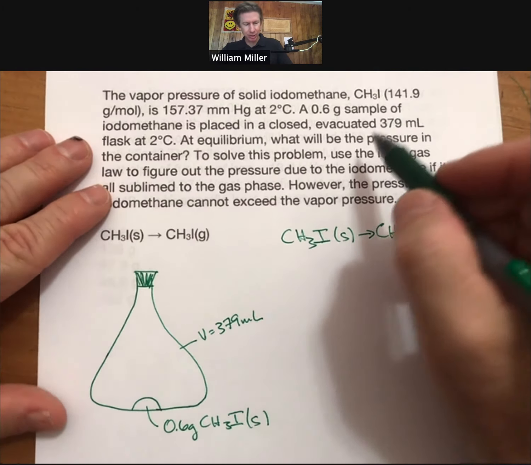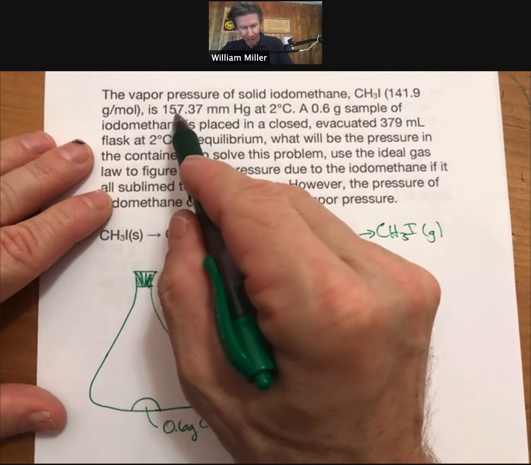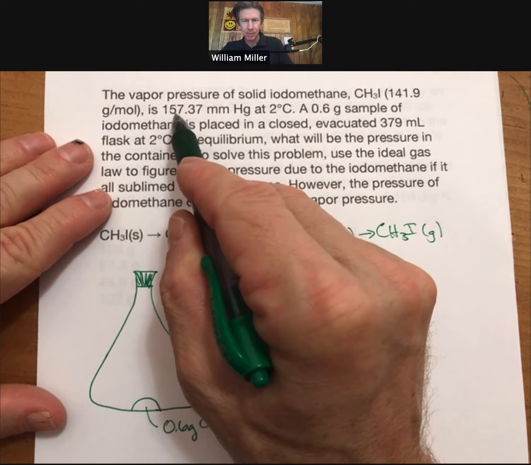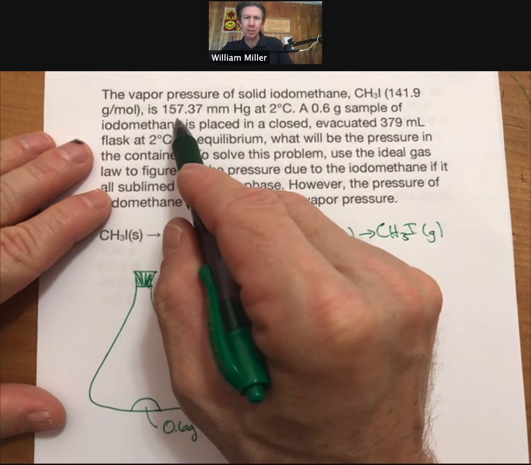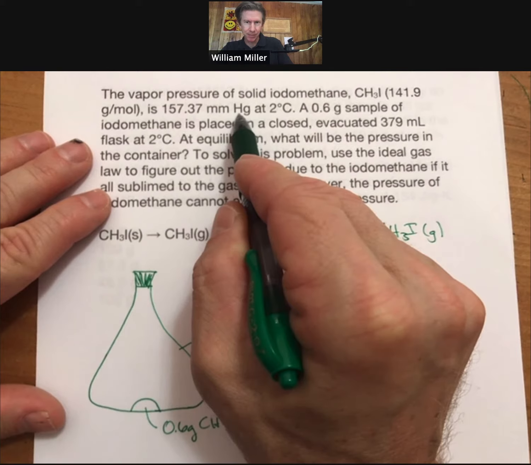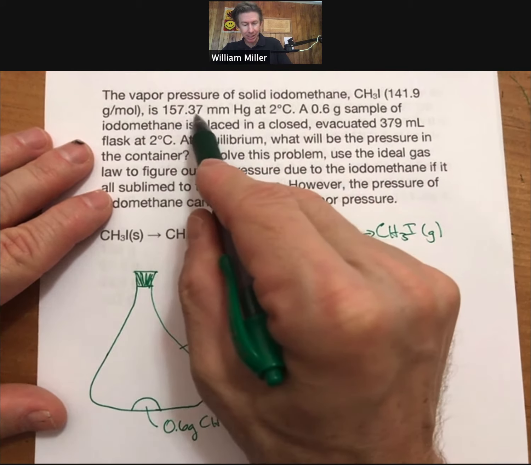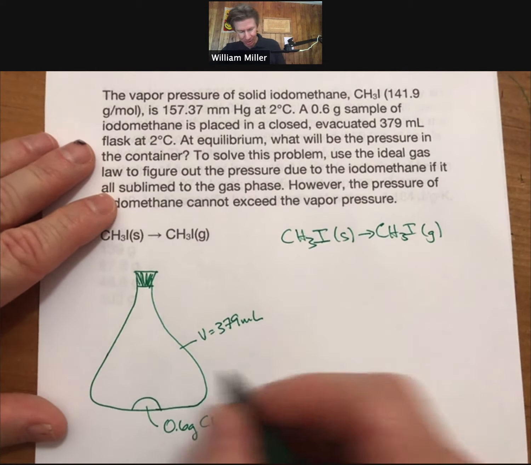And if that pressure is greater than the vapor pressure, then not all of it vaporizes, because the maximum amount that will vaporize is to create this pressure. And if it gets to this pressure, it will establish an equilibrium.